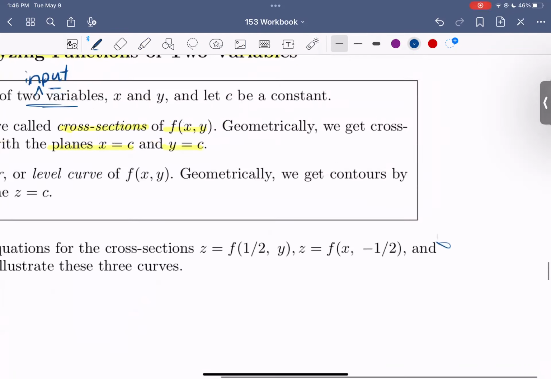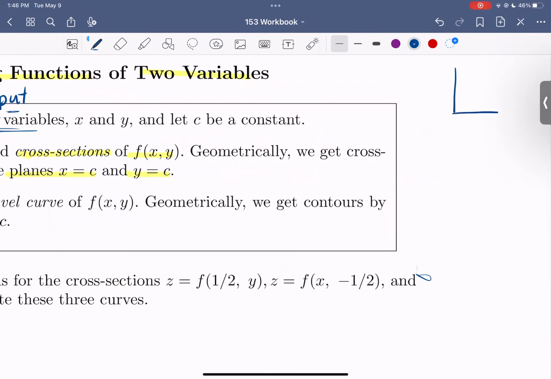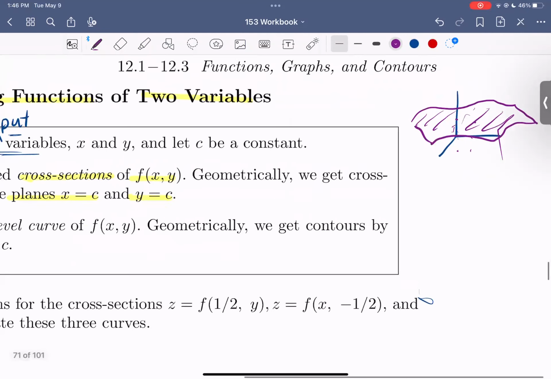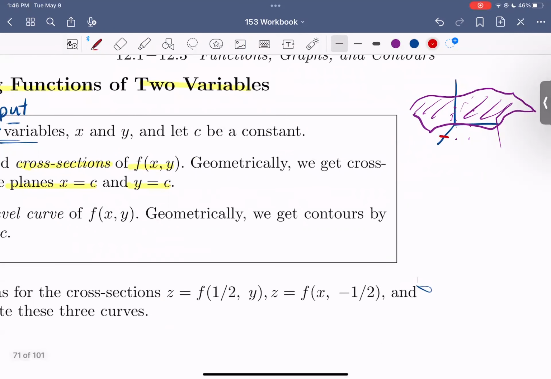We'll see this in an example, but I'll just draw a little sketch. If we have our function f, it's going to be some surface like this, meaning for any x, y, our output is somewhere in the z direction. This will be our graph of f.